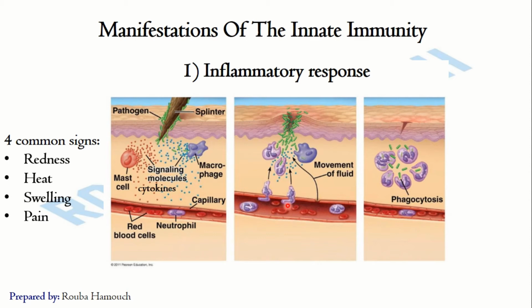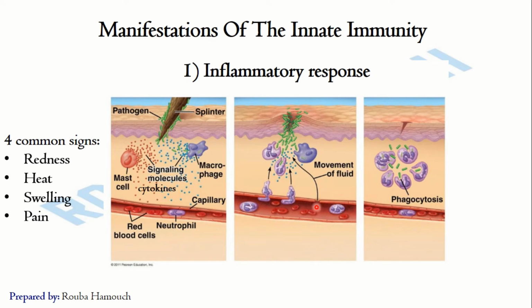You see the enlargement of the blood vessel following the entry of the microbe and the secretion of cytokines. So these cytokines induce an increase in the blood vessel diameter. This increase is called vasodilation, an increase in the diameter of blood vessels.